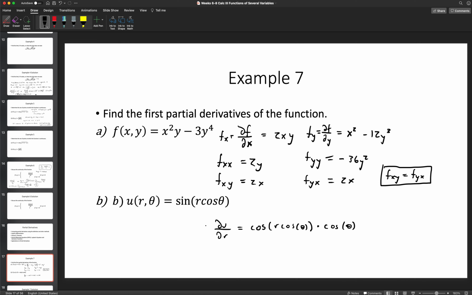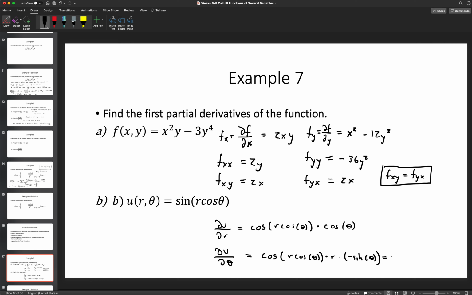All right, and we can do the partial with respect to theta now. We're going to be holding r constant in this case, so we get cosine of r cos theta once again, times the derivative with respect to theta, which is negative sine, so you get r times negative sine theta.